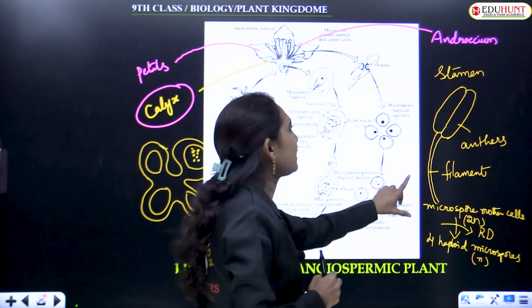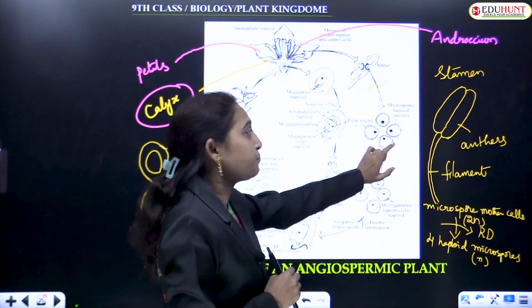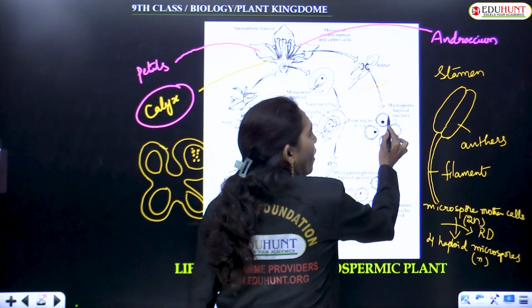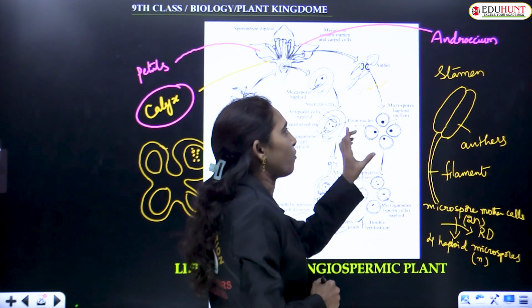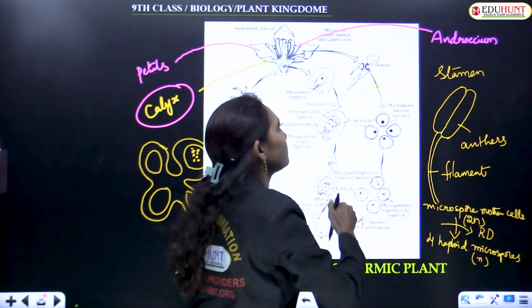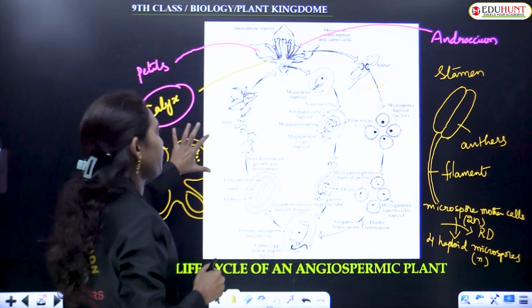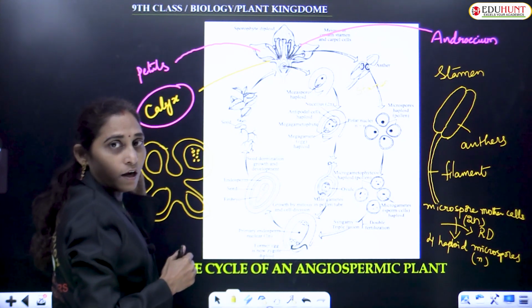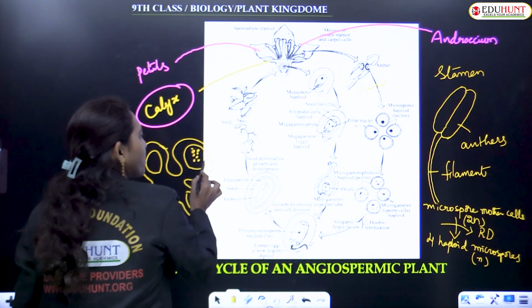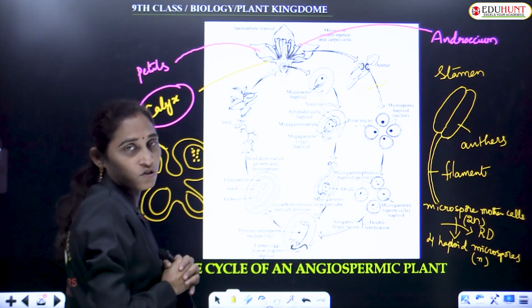Now these are the microspores. You can see on the screen, these are the haploid microspores. In the anther section I have drawn separately, the anther consists of sac-like structures, the sporogenous tissue.